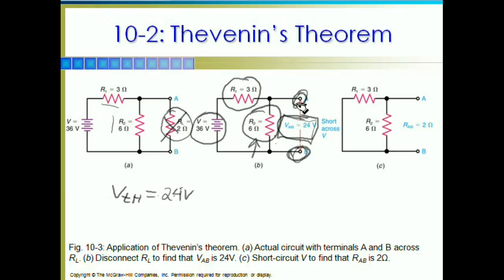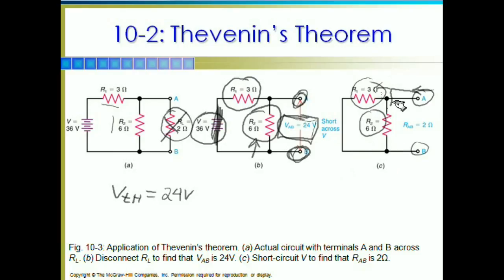And then what you do is you short across your voltage source, and once again you're going to look back from your load point and look at that circuit. Well, if you look closely and you were to apply current, you would find current at point A has two different branches. So now, looking in from points A and B, you have a parallel circuit consisting of a 3 ohm and a 6 ohm resistor.